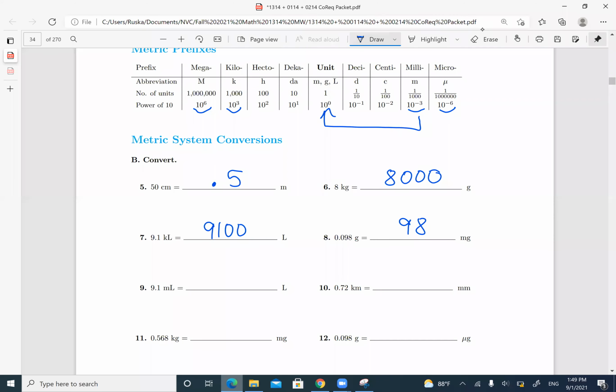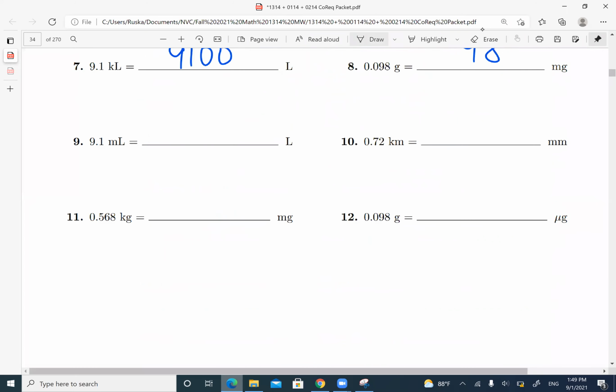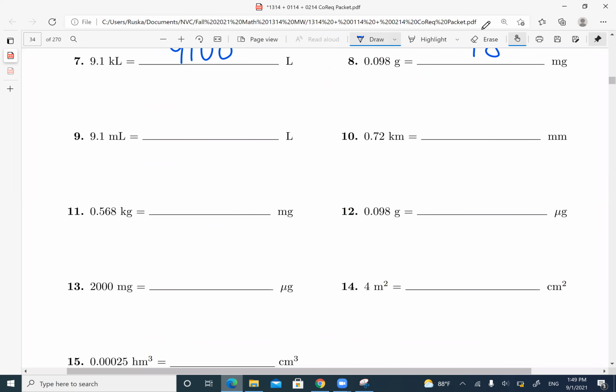So I'm gonna move the decimal 3 places to the left. So I have 9.1, moving it 3 places to the left, it's gonna go 0.0091.